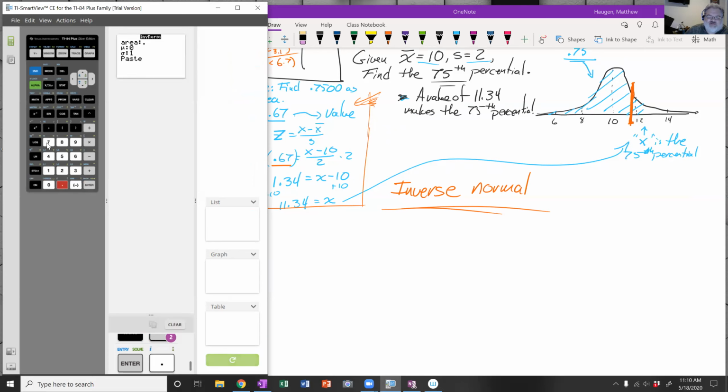So that's our 0.7500. You don't actually have to put the zeros, I'm just in that habit. Should take them off because you don't need them. Our mean was what, 10? Our standard deviation was 2. Paste it, calculate it, 11.34.